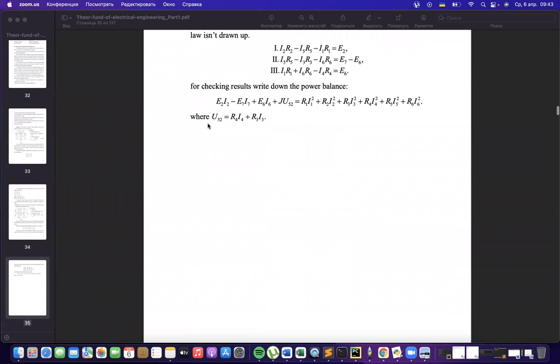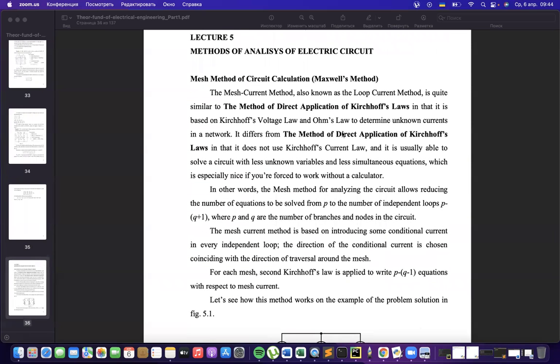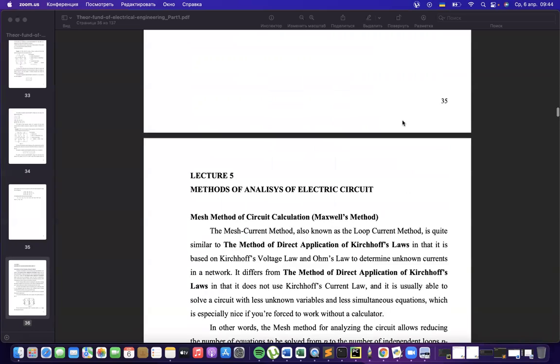And at the end of this example, the revision of power balance, just to check if we did everything right, if we calculated everything correctly. And then we transformed this method in different cases just to decrease the number of equations. The main idea was to decrease the number of equations.